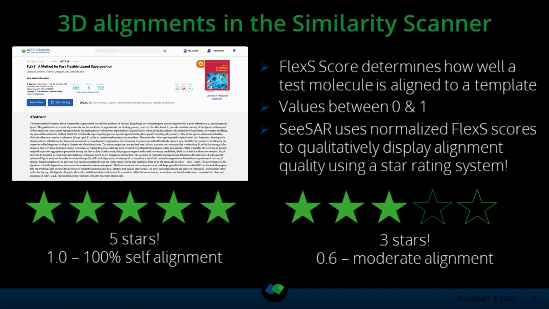Star rating systems are commonplace and are easy to understand. In the Similarity Scanner, a 5-star rating means a perfect self-alignment or alignment between two molecules that are almost identical to each other, and lower star ratings indicate lower structural similarities between the molecules indicated by the underlying scores.